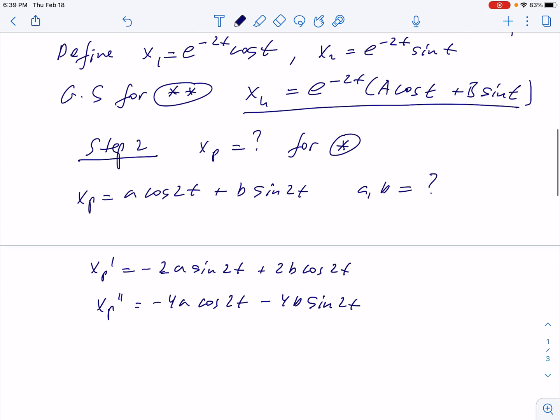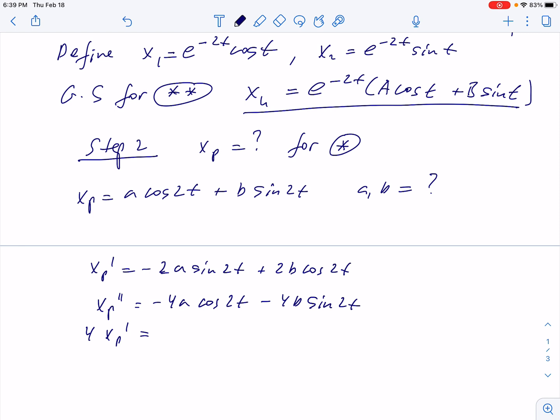And then I want to substitute this in the non-homogeneous equation. So I have to collect xp double prime plus 4 times xp prime plus 5xp. I shall do it this way. So we multiply xp prime by 4 and write it here on the next line. And I shall rearrange it to have the term with the cosine coming first.